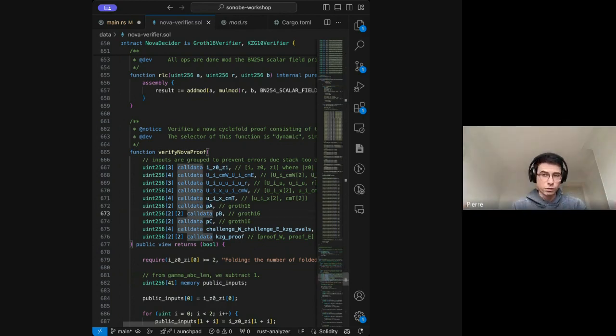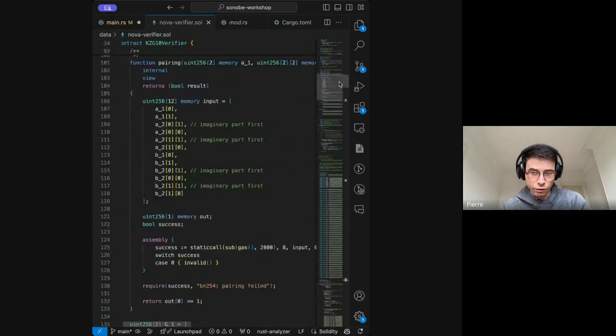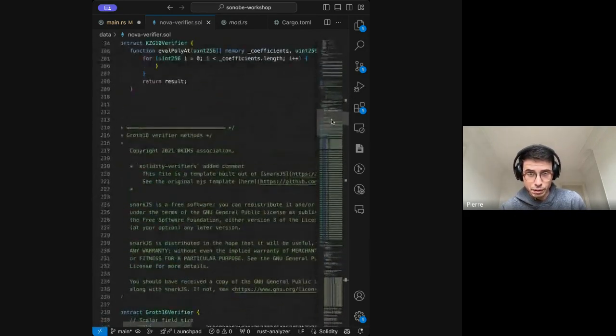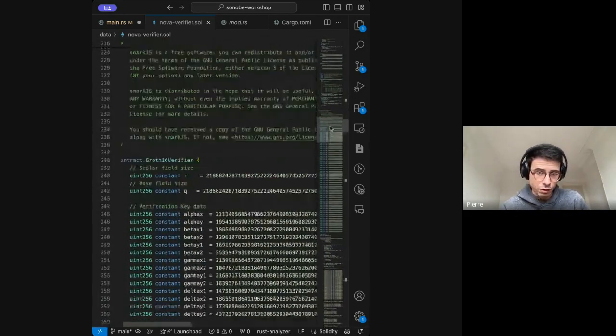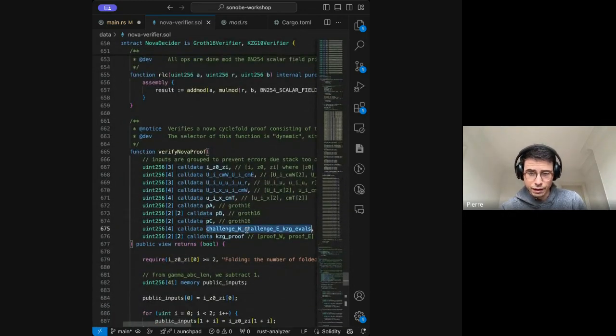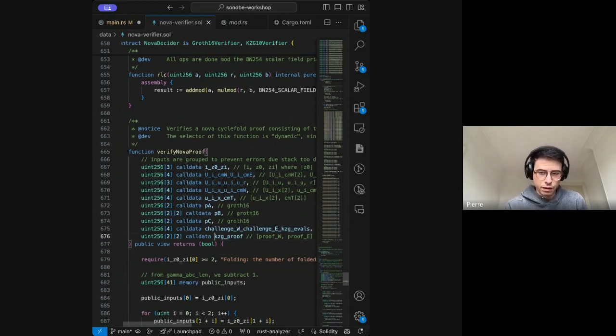This is the regular Groth16 proof that we all know, and for that we are just using the Groth16 templates that everyone uses, the Groth16 verifier of SnarkJS. And we also have a KZG proof, as I said, that needs to be verified in the end.